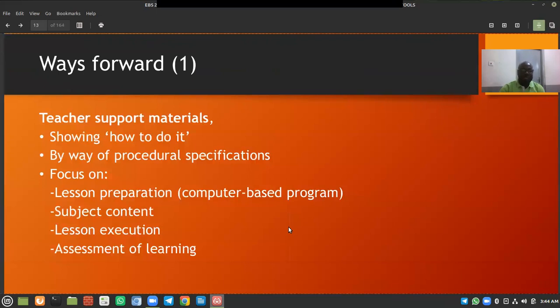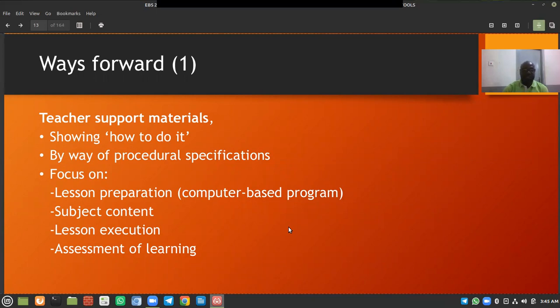So the way forward is that the teacher design teams will need to have teacher support materials. The designed instruction or the designed solution must have some support materials that show how to do it. How is the designed material to be used? This should be in the form of procedural specifications.